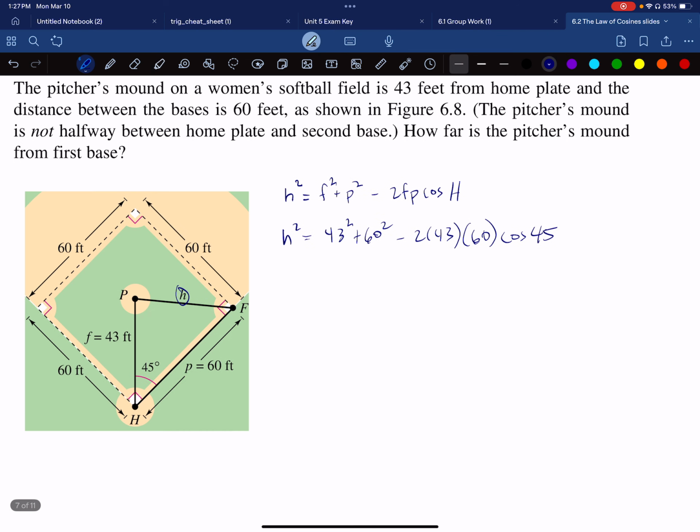Okay, take the square root of that whole deal. So root 43 squared plus 60 squared minus 2 times 43 times 60 cosine 45. And we'll head to the calculator.